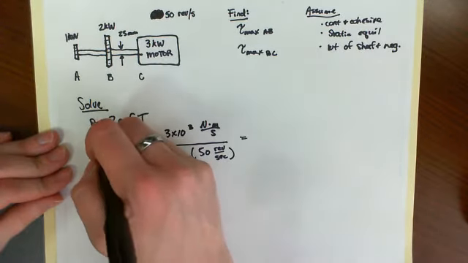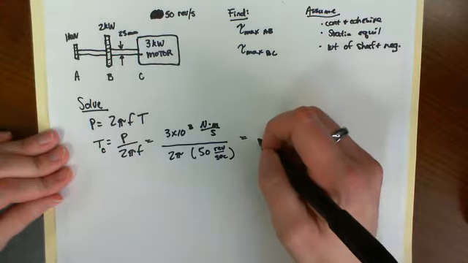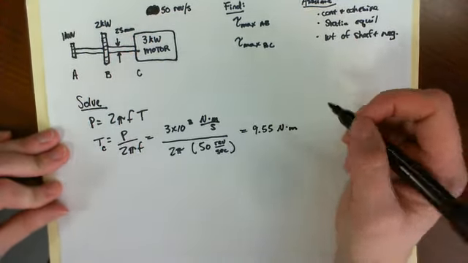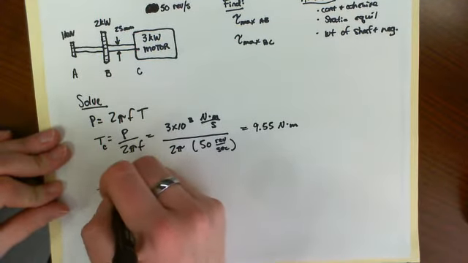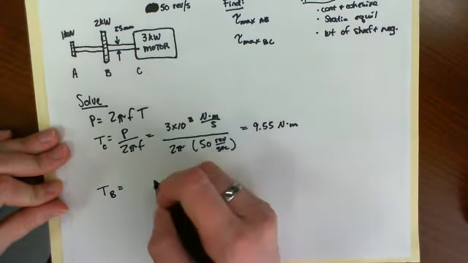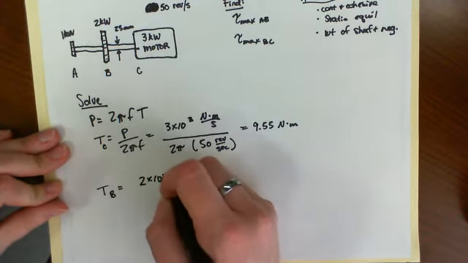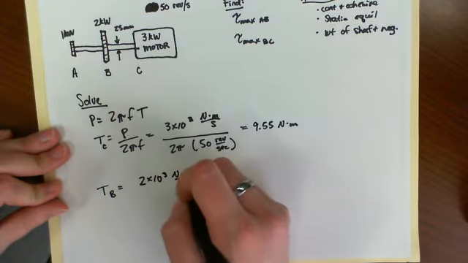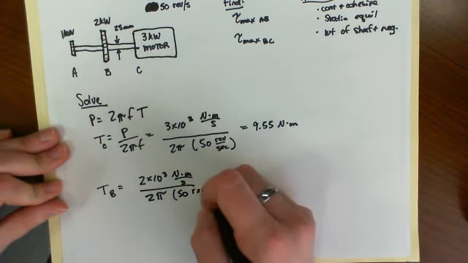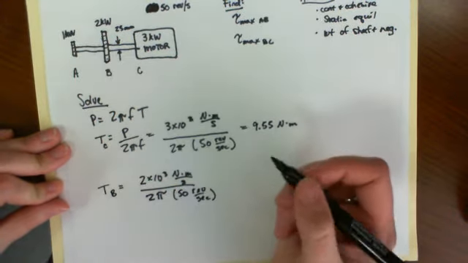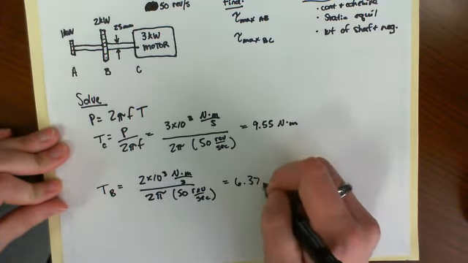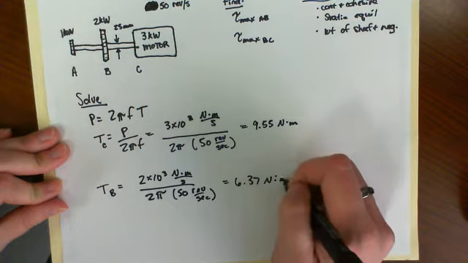So at C, we have a torque of 9.55 Newton meters. We can do the same thing for B, where we have 2 times 10 to the third Newton meters per second over 2 pi times 50 revolutions per second, which is 6.37 Newton meters.